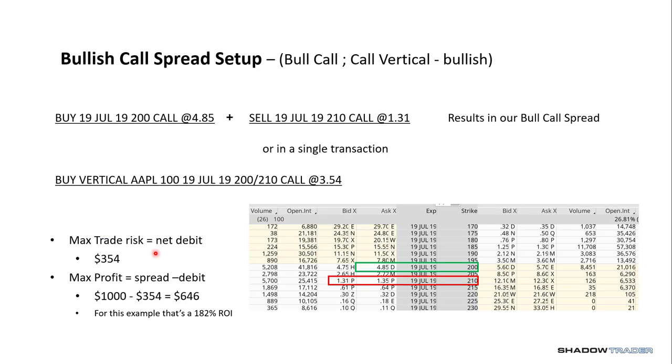My maximum risk is $354 on the trade. My maximum profit is the $10 differential times 100 shares, $1,000, minus the $354 of debit, or I can make $646 of potential profit. That's 182% return on the investment if it goes to max profit.